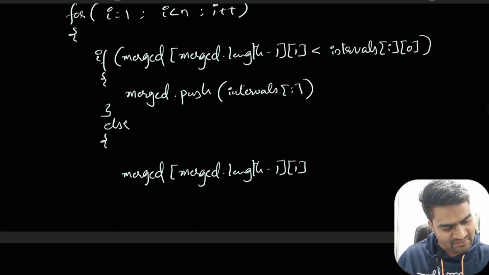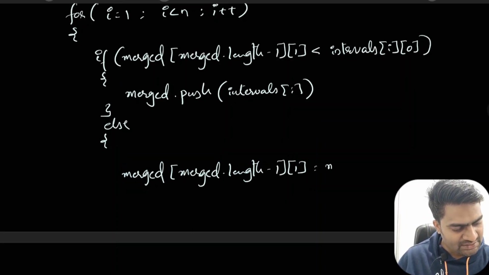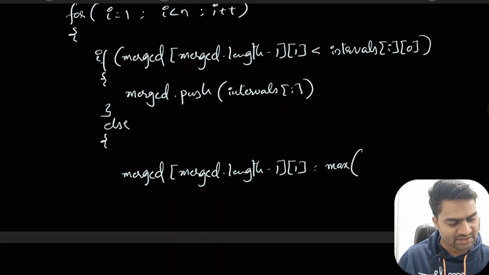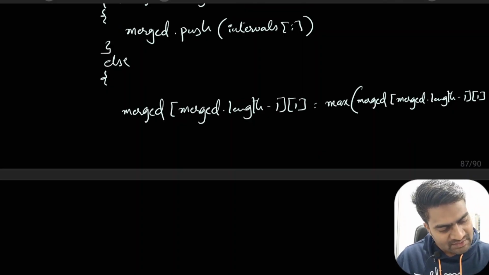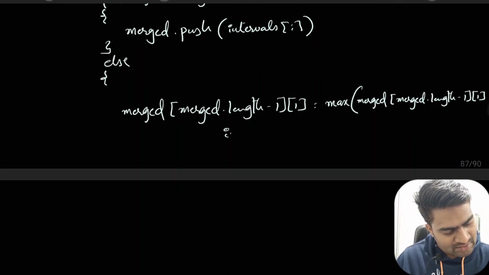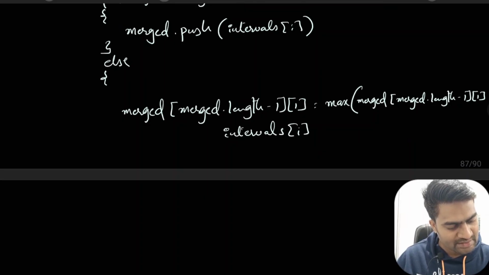So this value will be max of that particular value, comma, intervals of i of 1.